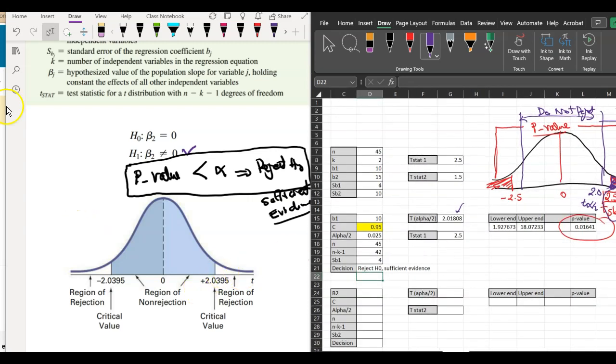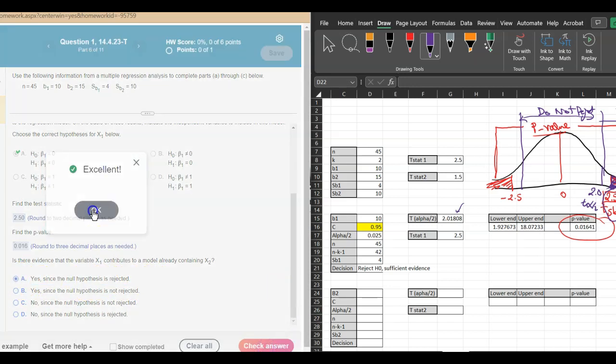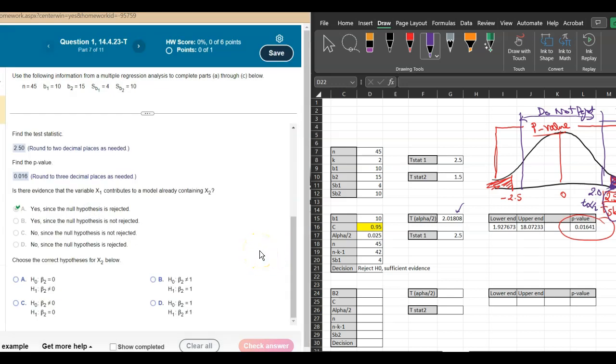All right, so now let's go back to the exercise. So yes, here there is evidence that the variable x1 contributes to the model, and that would be yes. And why? Because we reject the null hypothesis, right? And here we're going to do the whole process over, and we're going to do it with beta 2.